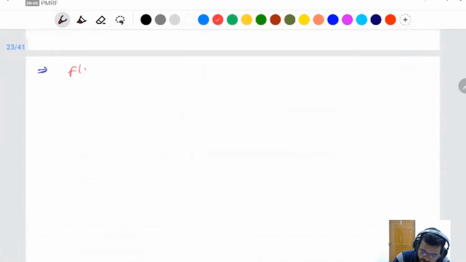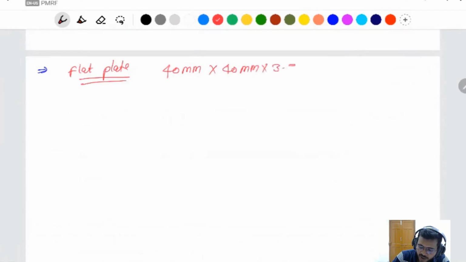This is a flat plate because the dimension is given as 40 mm into 40 mm into 3.5 mm. It will look like that.